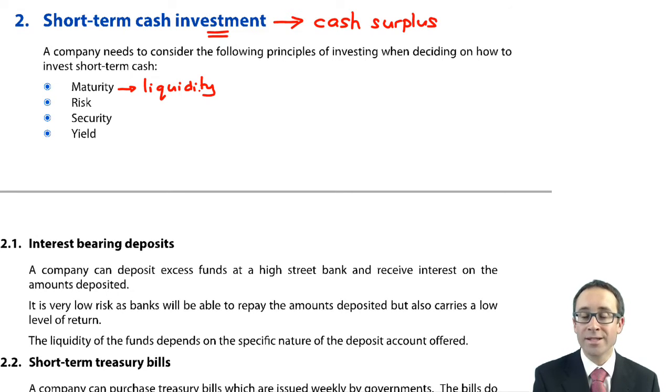We also need to think about risk. Okay, we've advanced the cash, we've made the investment to somebody. If it's a bank or a credit union, then I'd have thought that there is less risk attached. But if there is money that we've advanced to an individual or to a company, there may be a slightly increased level of risk in terms of the collectability.